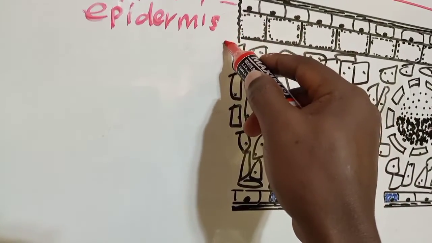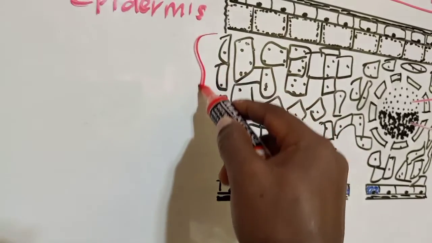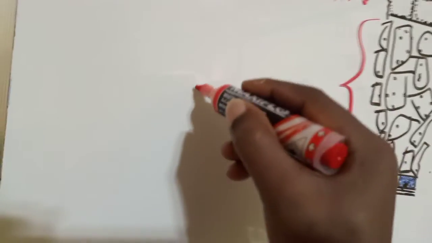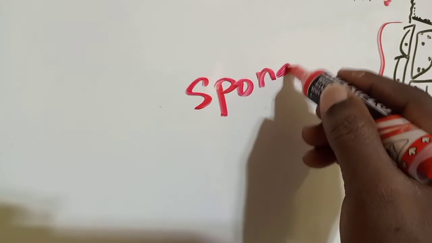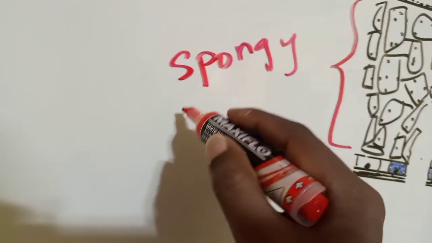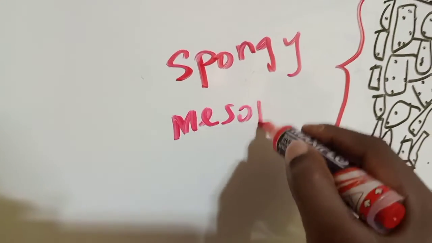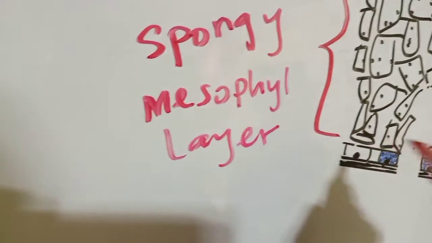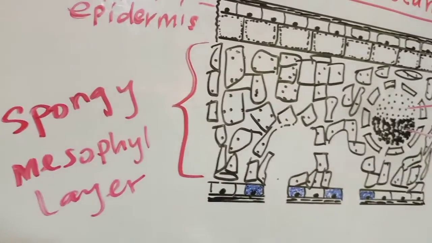So this part here is called spongy mesophyll layer.